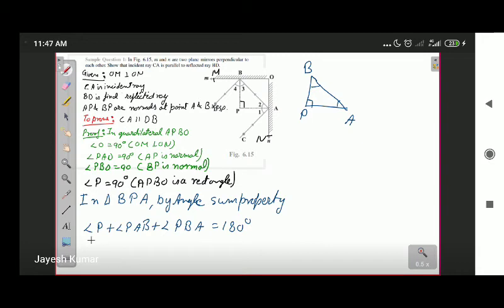Now we already know the value of angle P, that is 90 degrees. So angle PAB plus angle PBA should be equal to 90 degrees. Or, multiplying the above equation by 2, twice angle PAB plus twice angle PBA is equal to 180 degrees. Let me write it down as equation number 1.